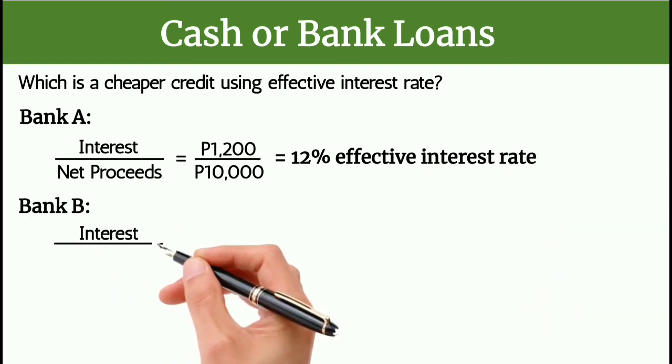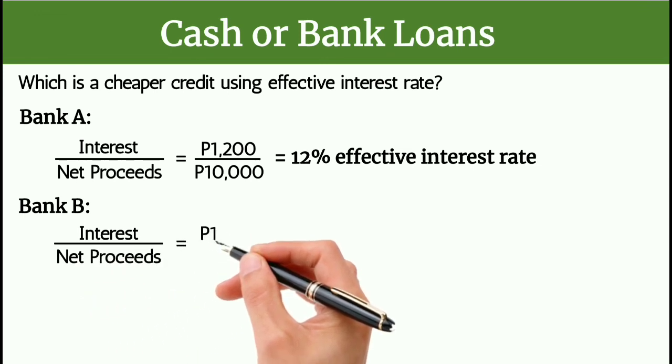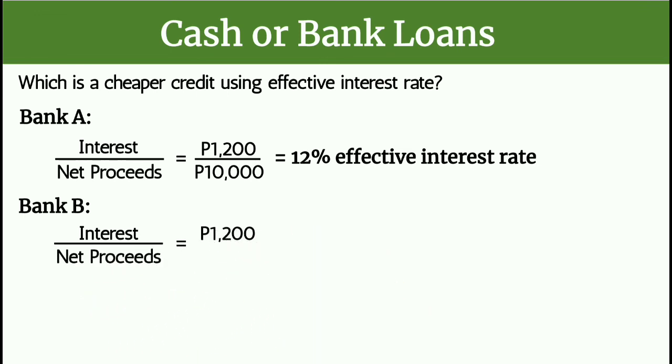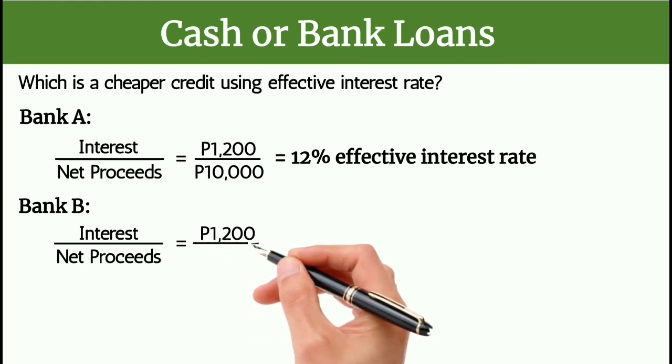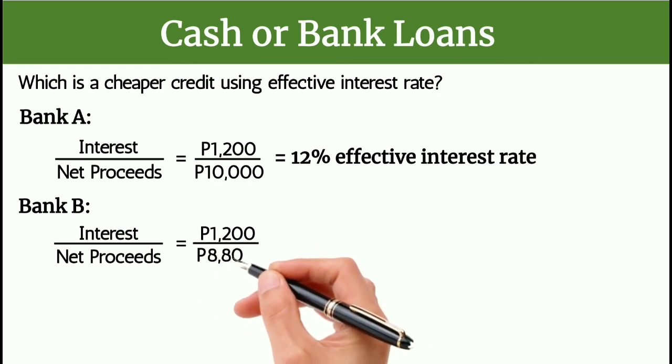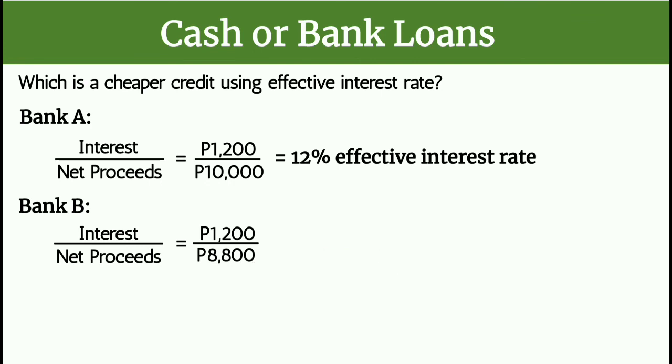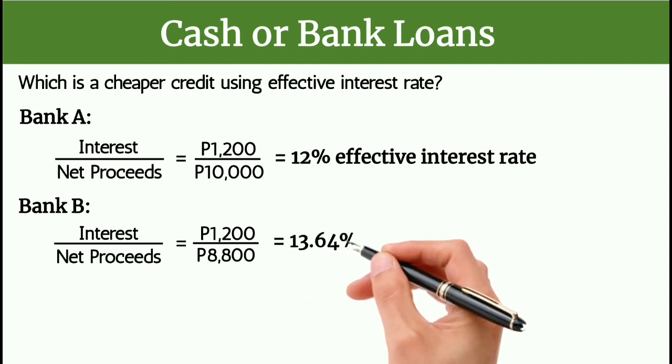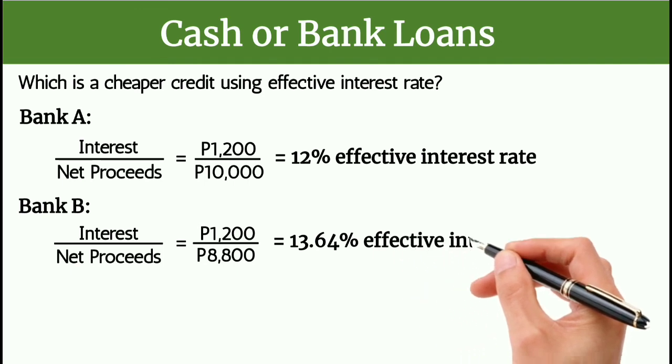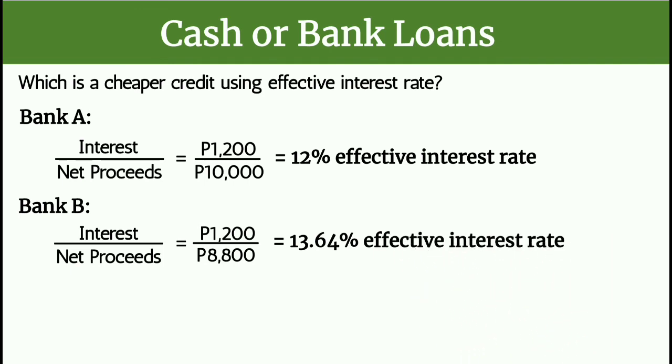Ang interest from Bank B ay 1,200 pesos. At ang net proceeds ay 8,800 pesos kasi nga dinidak na agad-agad yung 1,200 pesos. 1,200 pesos divided by 8,800 pesos, that is equal to 13.64% effective interest rate.